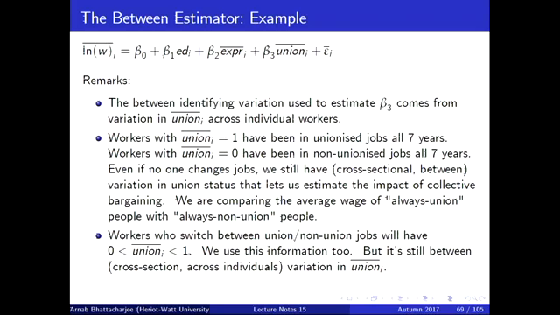Okay. This is an illustration of the interpretation in the case of union membership. Remember that union membership in principle had both within and between variation. Earlier we talked about within variation for union membership, and that was people who moved from a unionized job to a non-unionized job, or from a non-unionized job to a unionized job, or people who joined the union.